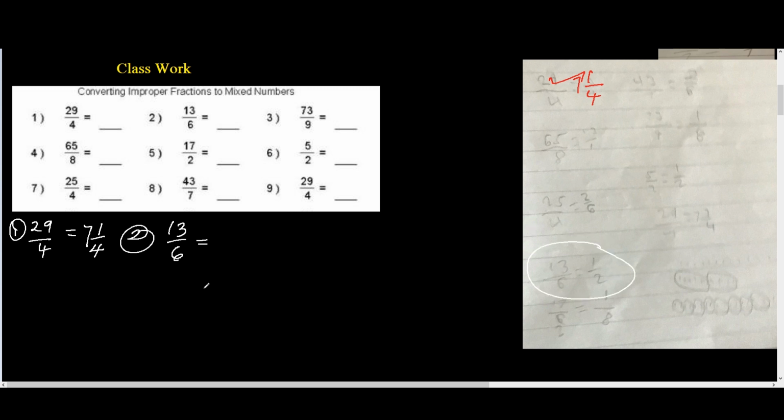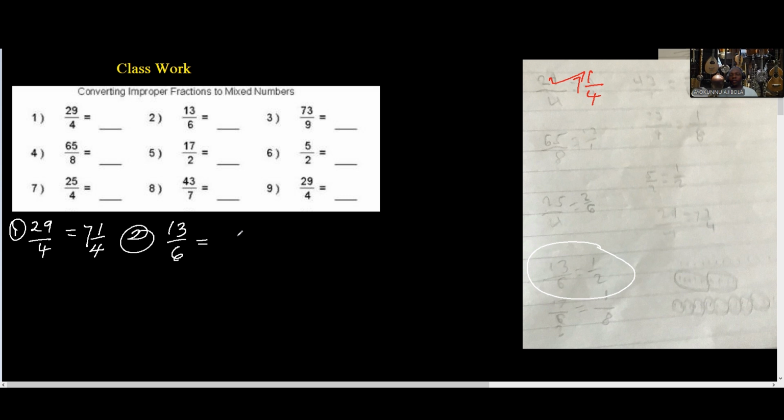13 over 6. How many 6s in 13? Yeah, how many 6s in 13? 6 times 1 is 6. 6 times 2 is 12.